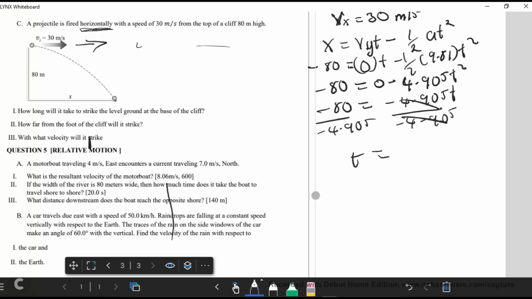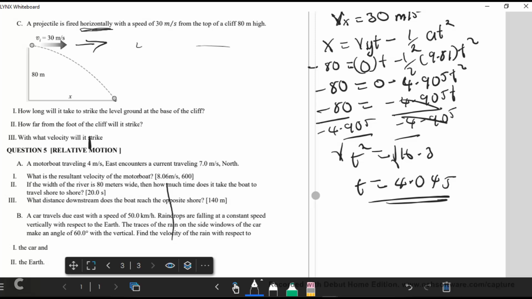You find that your t squared is 16.3, and then you find the square root of that. What is the square root of this? It will give you the square root of 16.3, which is 4.04 seconds. So that's how it's supposed to be.